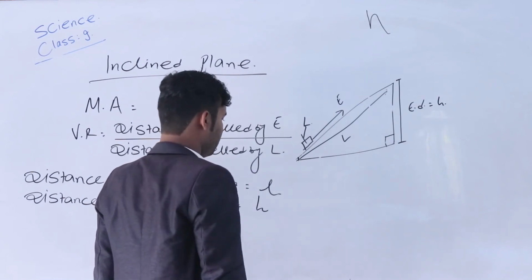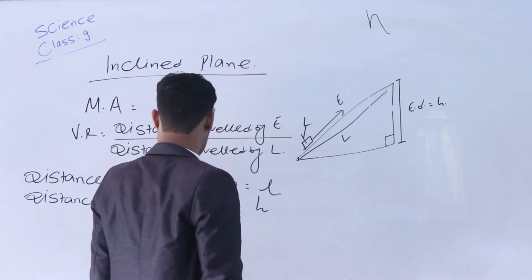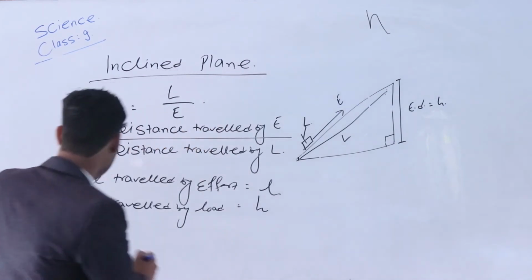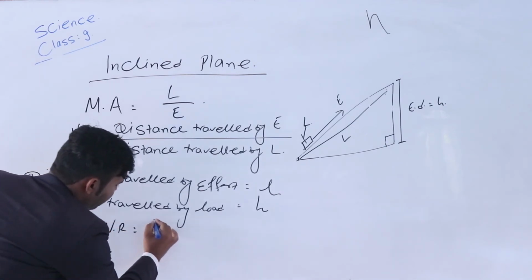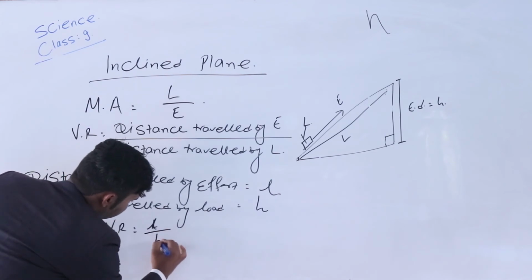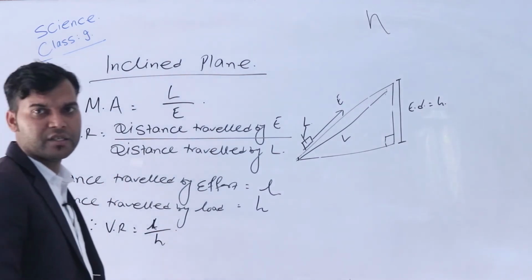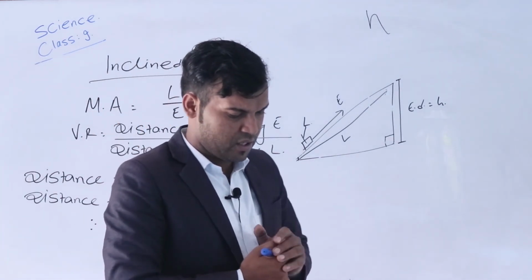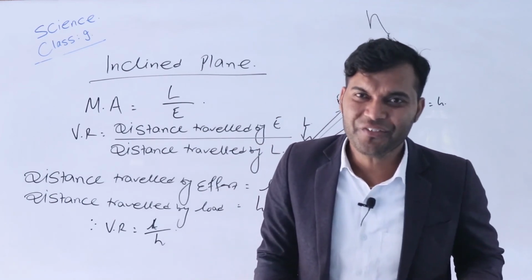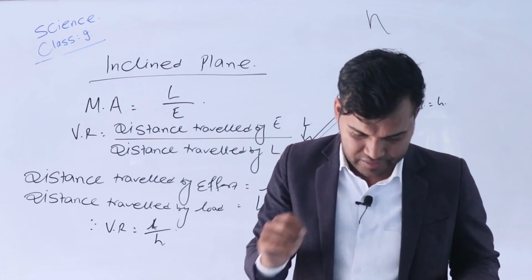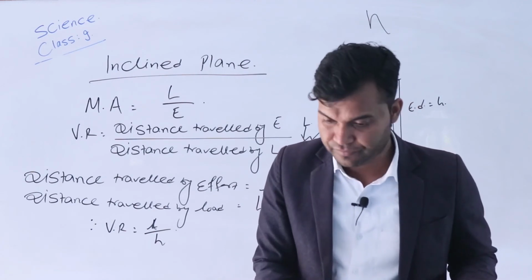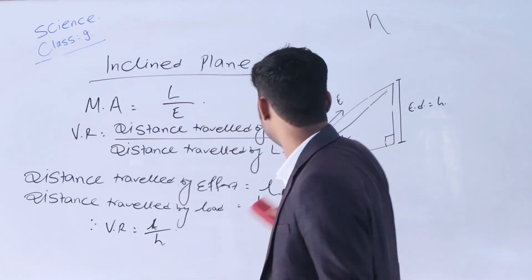Therefore, VR is equal to L upon h. Isn't it? VR is equal to L upon h. I hope you are clear in this term. Okay, students? Okay.